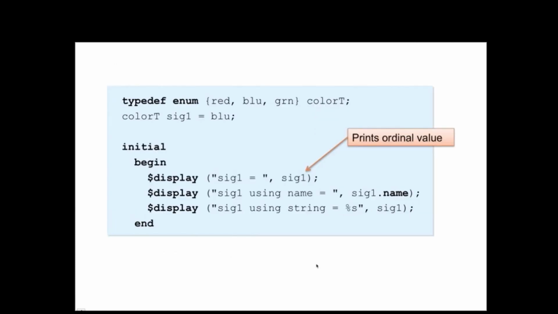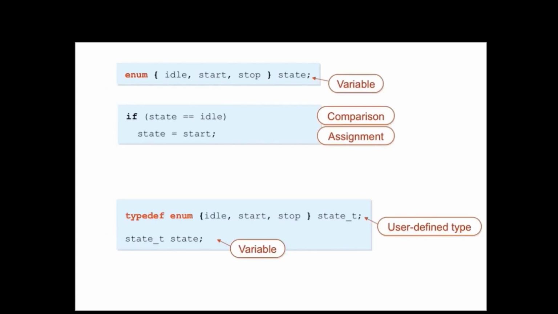Now, if you put these in waveforms, you will see the value being displayed as idle, start, and stop. So when you're debugging your state machine, it's great because you can see it's in idle, it's in start state, it's in stop state.